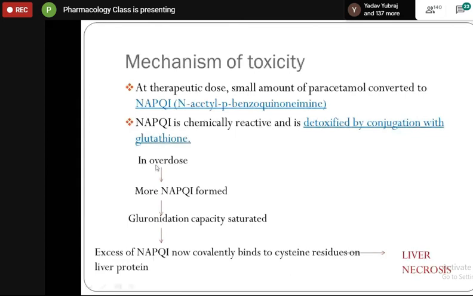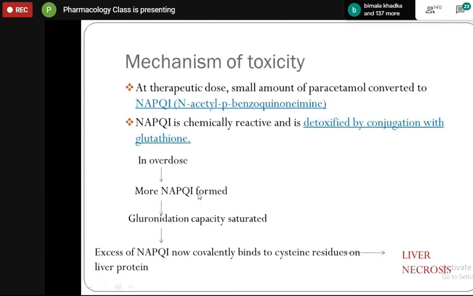So this is a detoxification process through a conjugation reaction in the liver. But when you take paracetamol in very high doses, more paracetamol taken means more NAPQI will be formed.